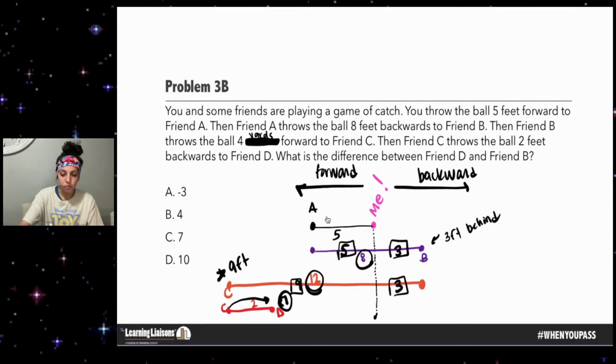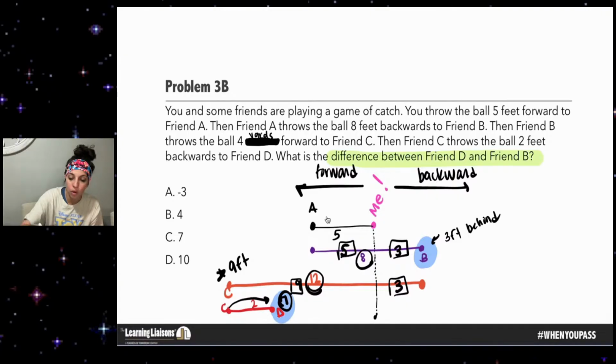So we just figured all of that out, right? And the ball landed 2 feet backwards to friend D. What is the difference between friend D and friend B? Well, friend B is all the way back here, and friend D is all the way up here.